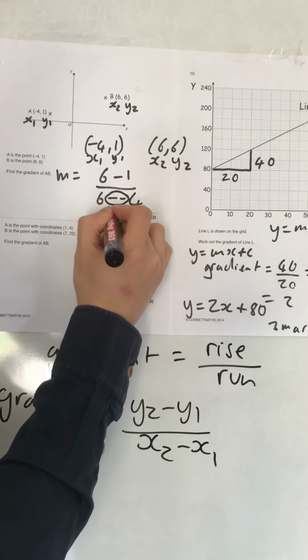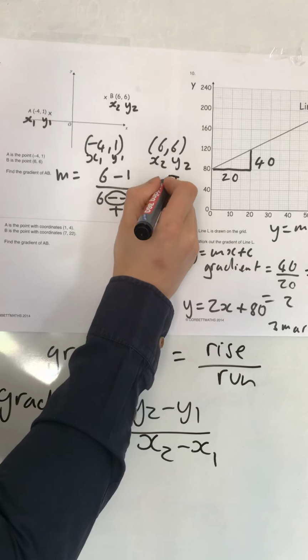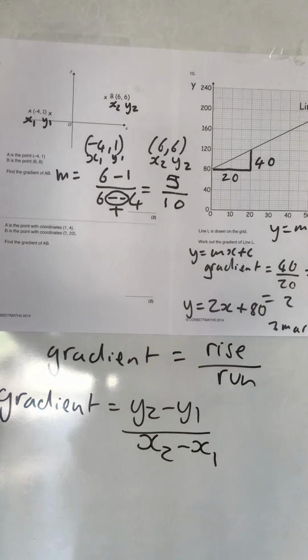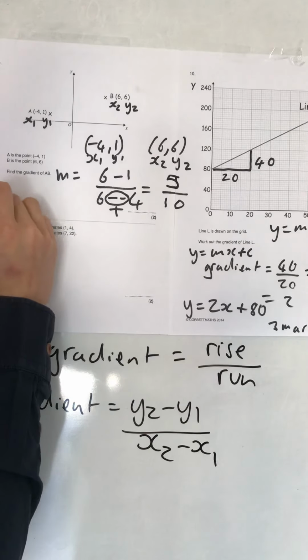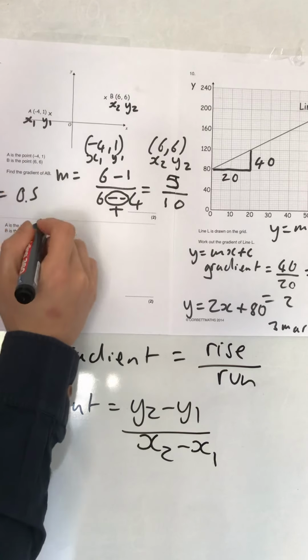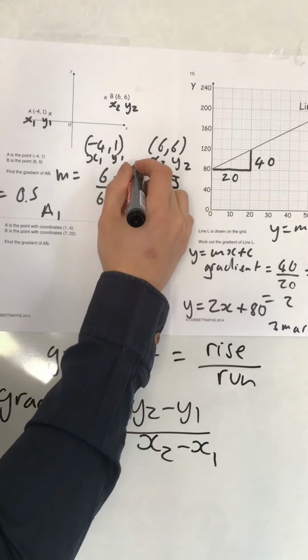Remember, 2 minuses next to each other change to a positive, so we get 5 over 10. So the gradient m equals 0.5. That will get you your A1, and your M1 is just your working out.